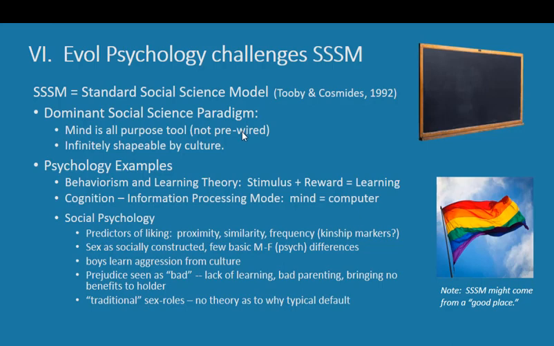If you're looking in psychology, there's a long tradition going back to behaviorism and in much learning theory, where you want to understand the world in terms of an organism's reinforcement contingencies. So if a certain stimulus is paired with a certain reward, over time you make an association, boom, that's learning. Or you learn that if you do a certain thing, you always get rewarded in a certain way.